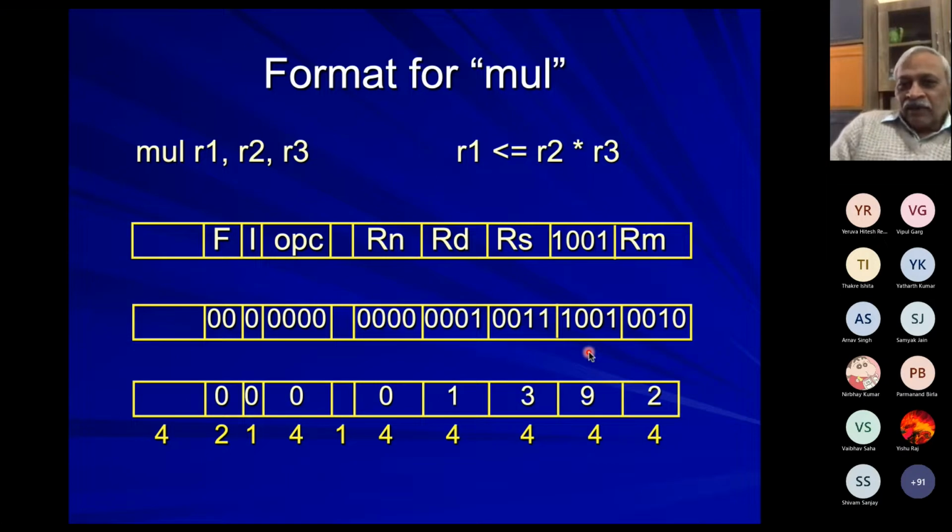Now these formats would look very tedious. You don't have to actually remember these. I'm sure you'll be finding it hard to remember. You have to just get an overview of how things are encoded, and particularly this coding of the multiply instruction is somewhat awkward.